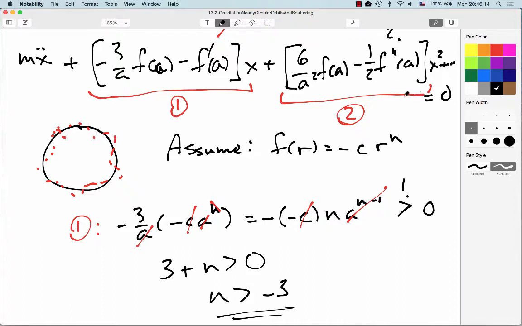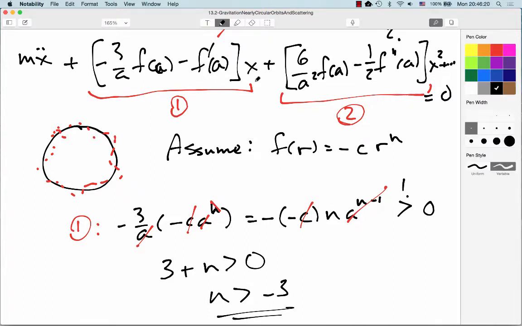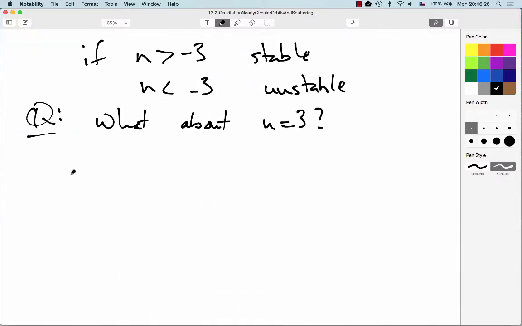And so possibly maybe it ends there. If it doesn't, maybe we'll have to go and take a look at term 3 and so forth. So this is tedious, but I think it's instructive. So let's just go ahead and start looking at term 2.